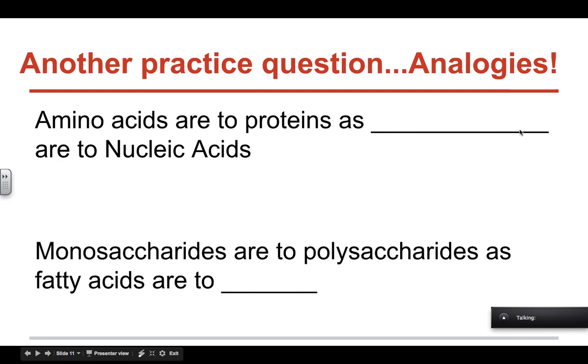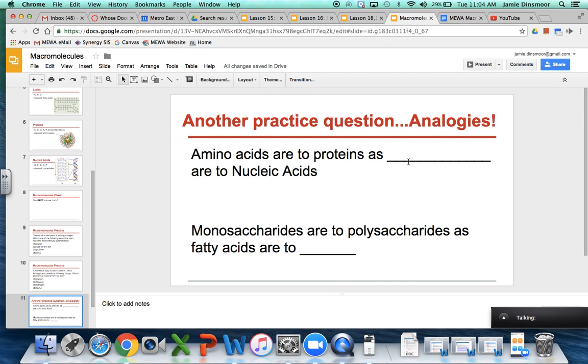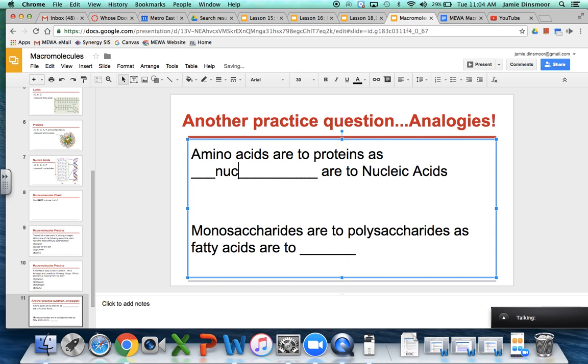That's what's going to go in this blank. So the correct answer is nucleotide. Right? Nucleotides are the building blocks. Oops, I spelled it wrong. To nucleic acids, just as amino acids are the building blocks of a protein.